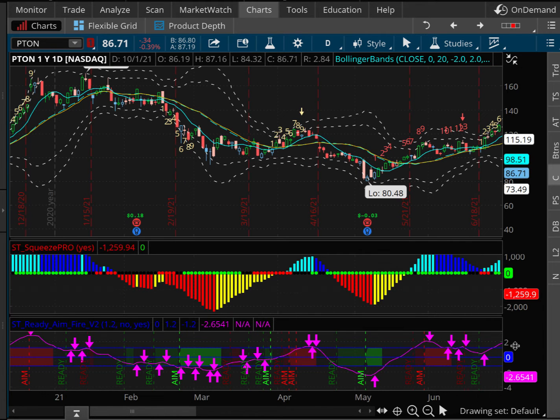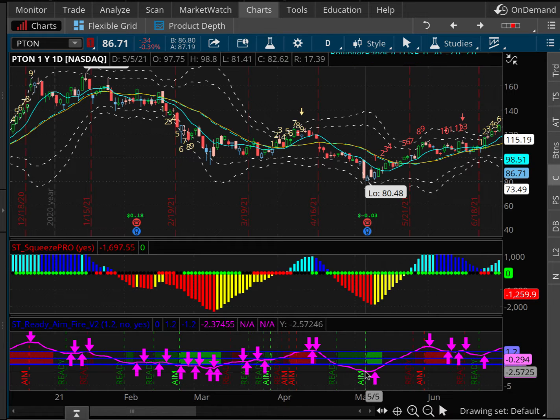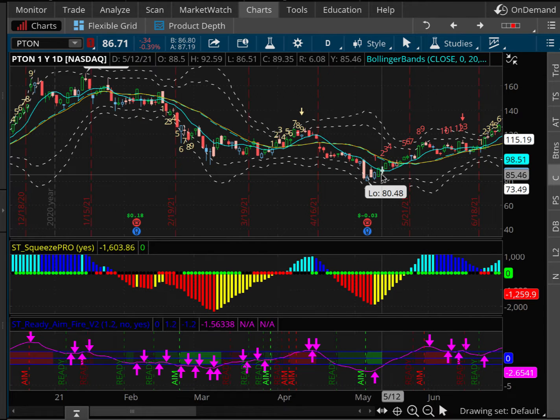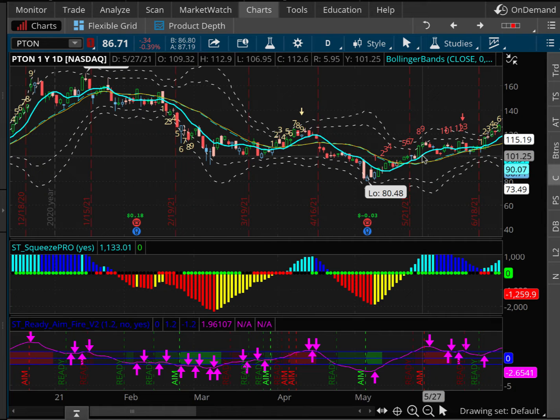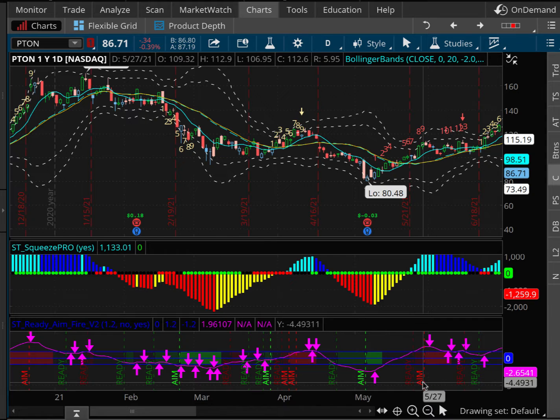And so what is our RAF telling us? Well, it's telling us that after the dip buyers stepped in, you get a lot of buying pressure coming in here. The buying pressure is forcing the price candles to move up. Well, guess what? The RAF indicator is now giving us this signal, the red ready aim indicator.